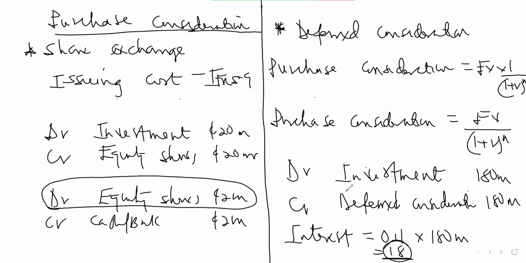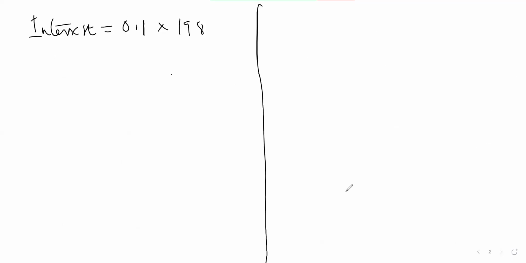So you add the first interest to the principal to get your interest for this year. You do it on the balance at the beginning of every year, and that is what we call compound interest. This interest will be sent to profit or loss or group retained earnings, depending on the statement that they are asking you to prepare.